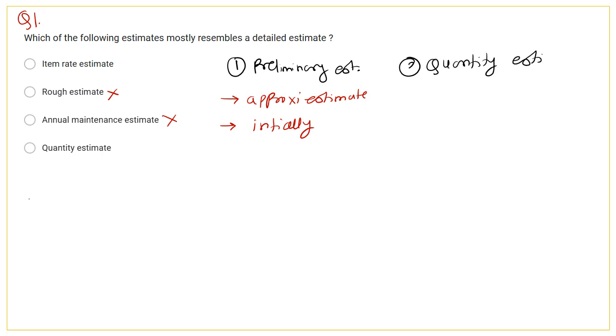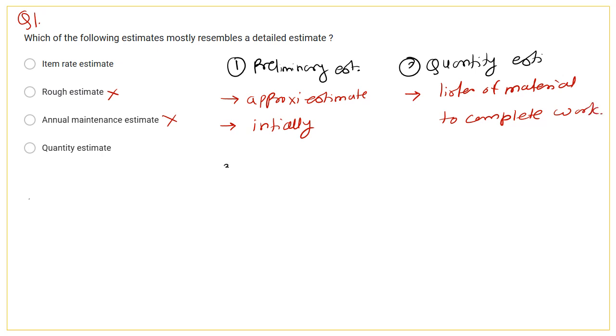A quantity estimate is that estimate in which the list of materials required to complete the work is given. This is nothing but the quantity estimate.